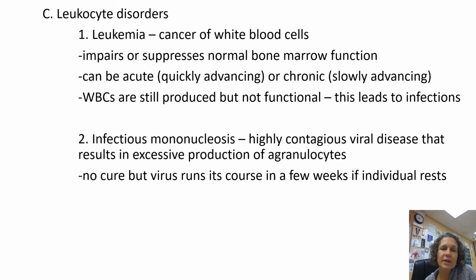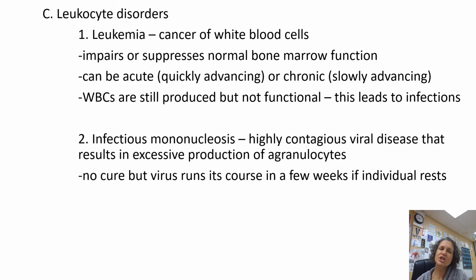Typically the cancer itself is not the bad part; it's just that your white blood cells are not very functional, and so you are much more likely to get sick. That's just damage or a poorly made white blood cell.